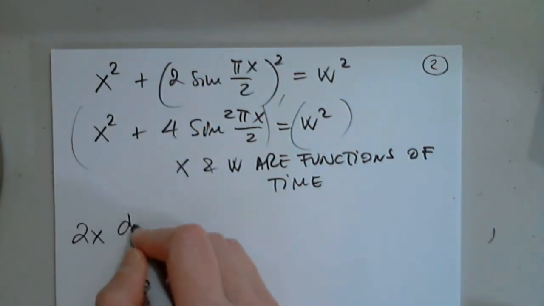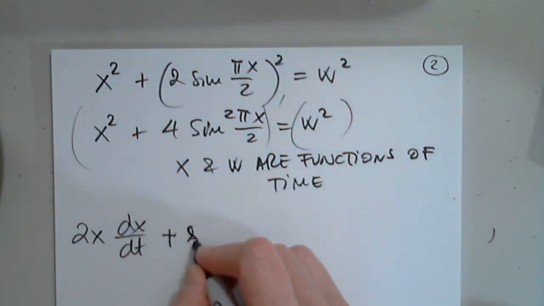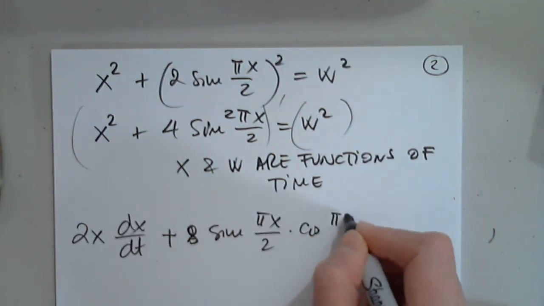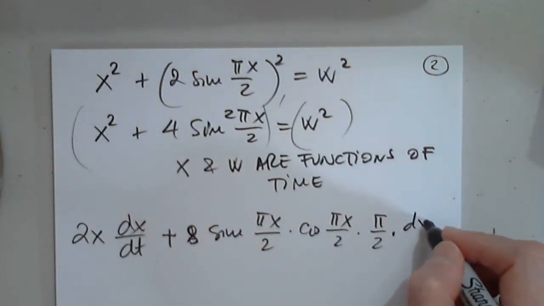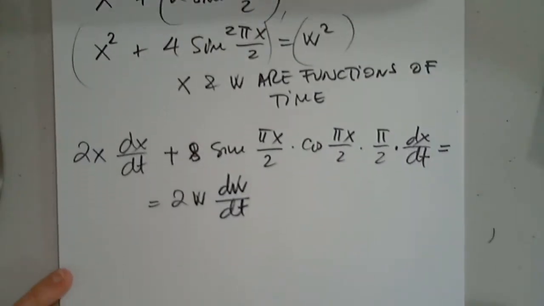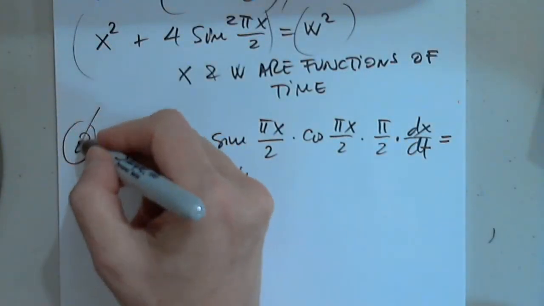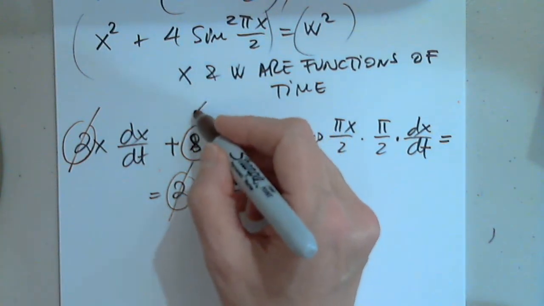So 2x dx over dt plus 8 sine pi x over 2 cosine pi x over 2 times pi over 2 times x prime, which is dx over dt, equals 2w dw over dt. Okay. So now this will go away, this will go away, and this will change into 4.